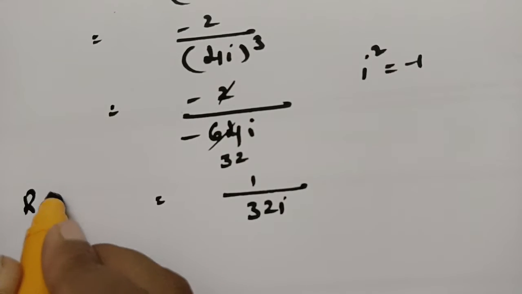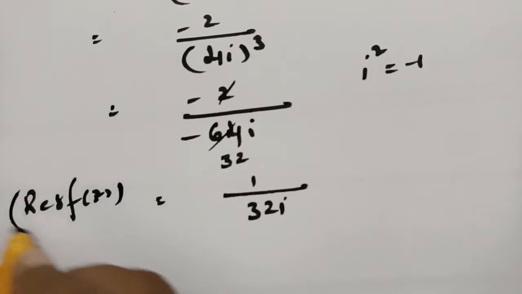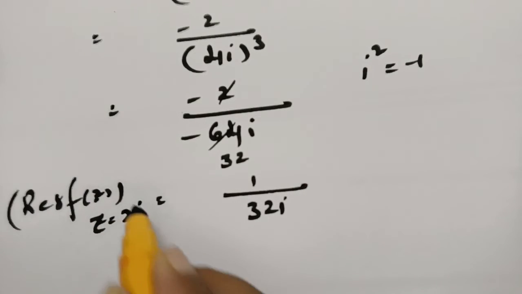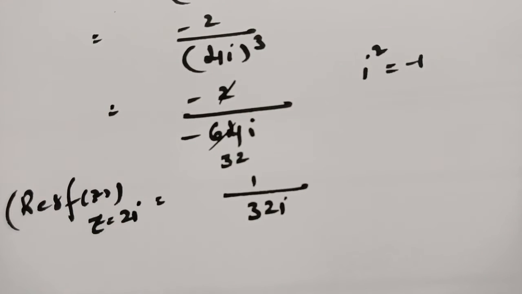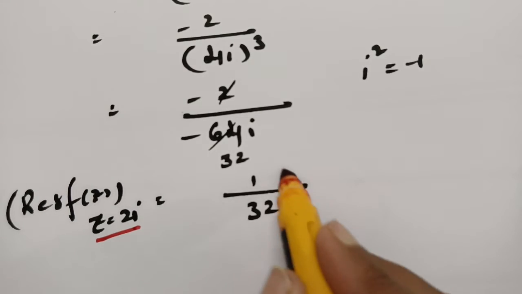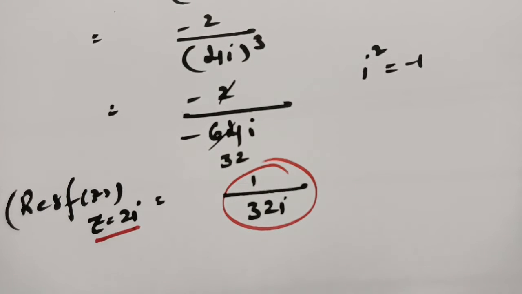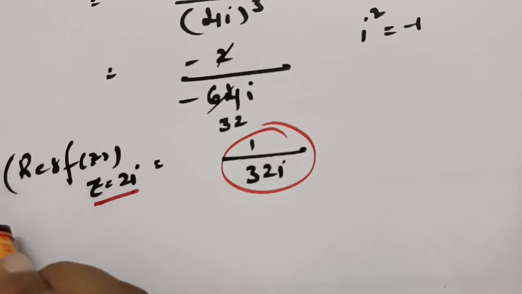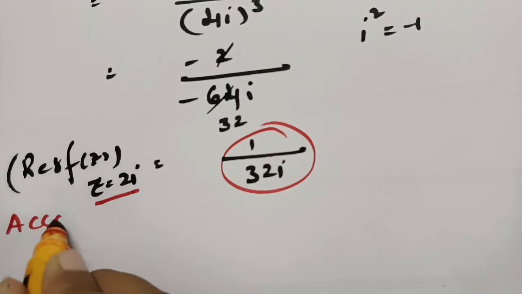So the residue value of f of z at the interior pole z is equal to 2i. So here for z is equal to 2i, we got the residue value as this one. So according to the residue theorem, what is our residue theorem?